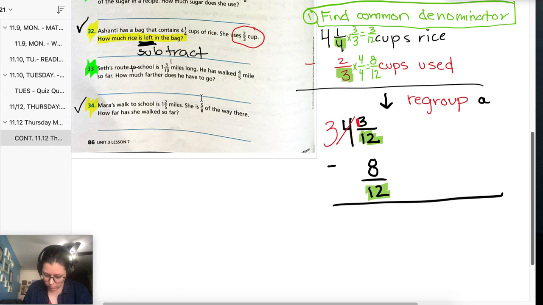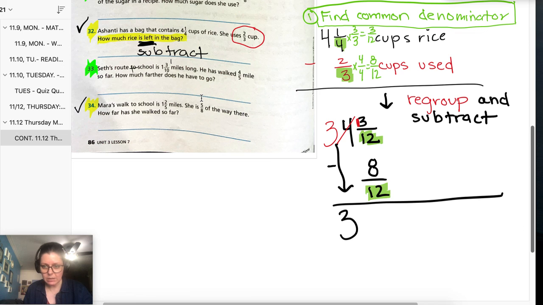So I'm going to regroup and subtract. 13 minus 8, well, that I can do. Then I'm just going to bring down my 3. That's just going to stay the same. So I've got 13, 12, 11, 10, 9, 8, 7, 6, 5. 3 and 5/12.